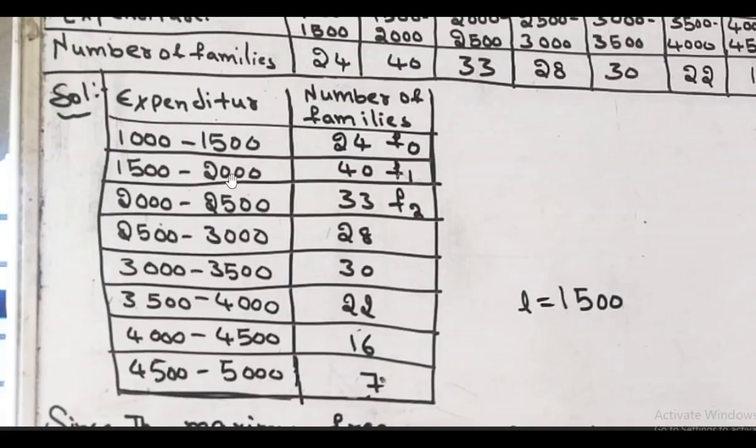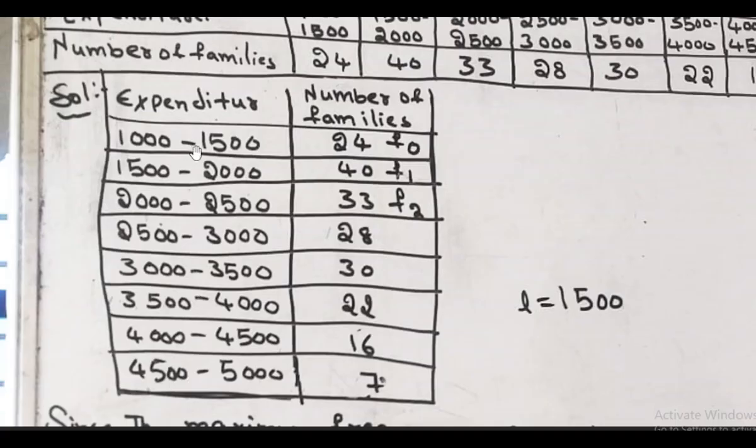Next, preceding the modal class, the frequency 24 is F0, and succeeding the modal class, the frequency 33 is F2. The height of the class is the difference between the upper boundary and the lower boundary, the class width.